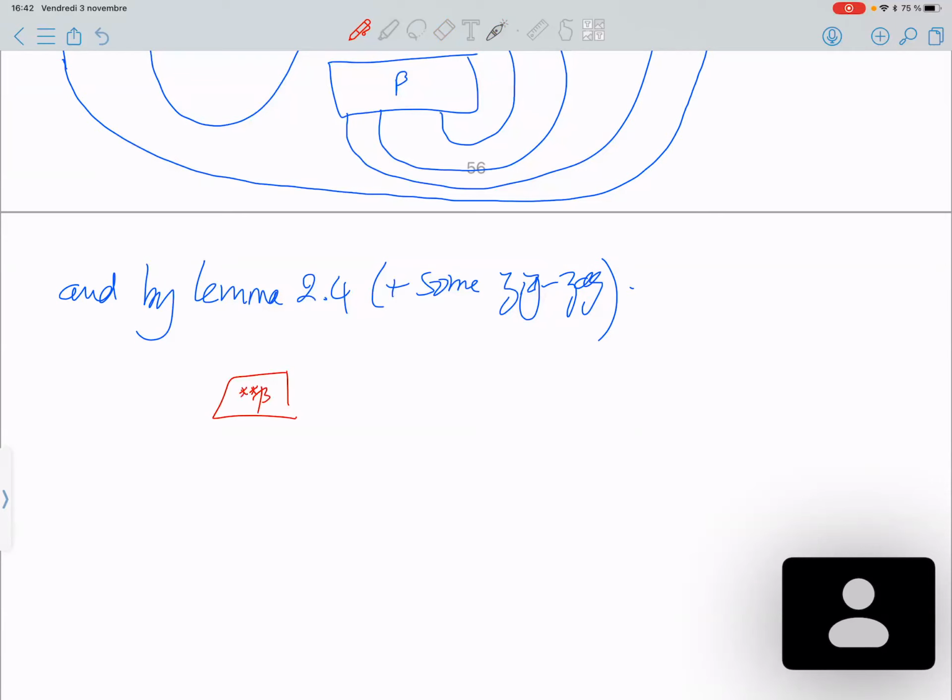Beta double right dual, something which is equal to beta.